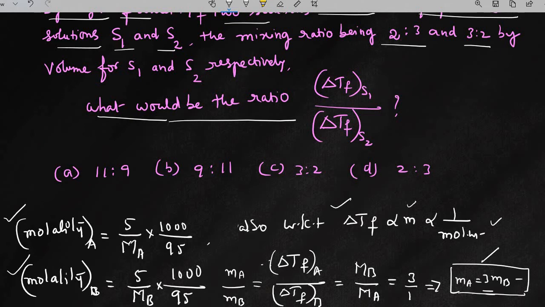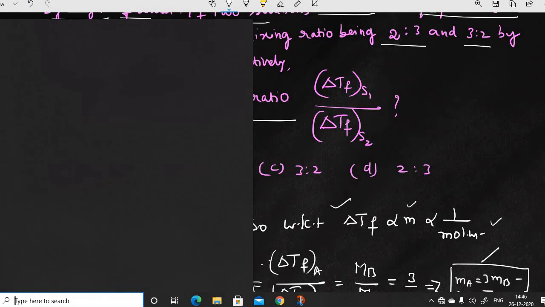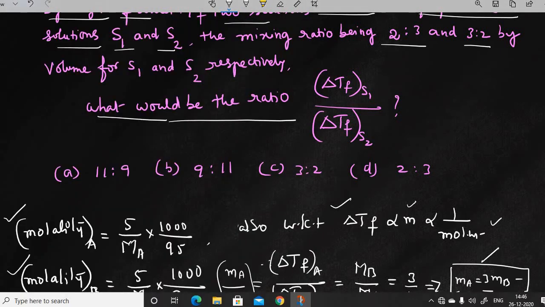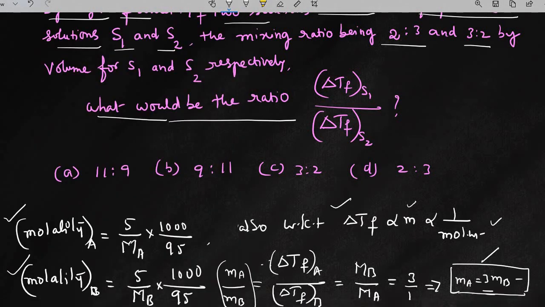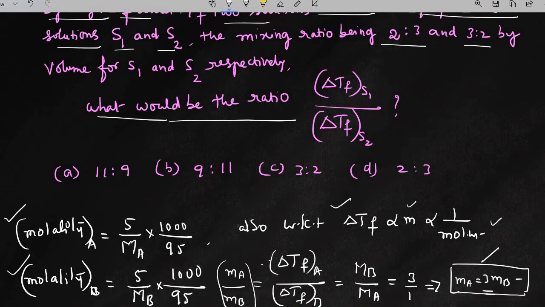So if you make a relation between the molality of these two solutions, small MA and small MB, then what you will get here is MA equals 3 into MB.